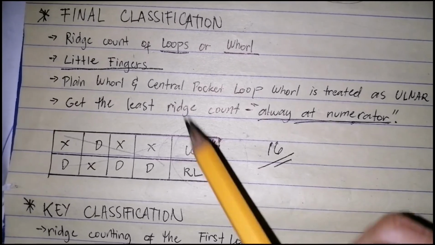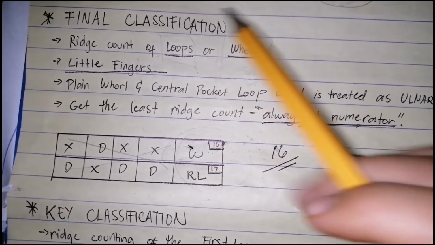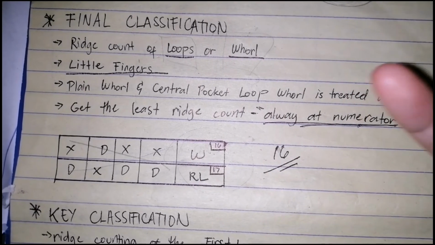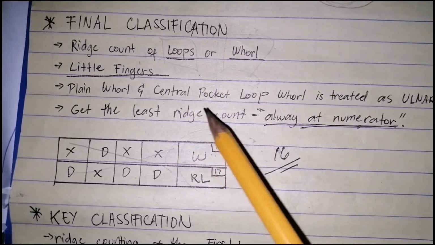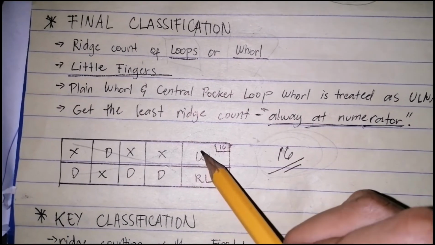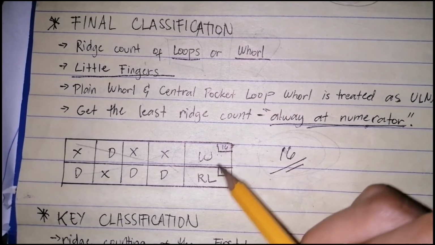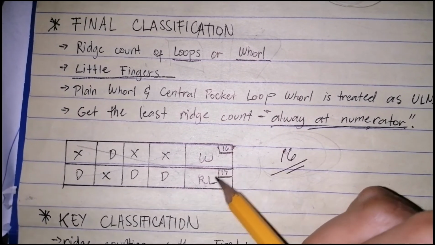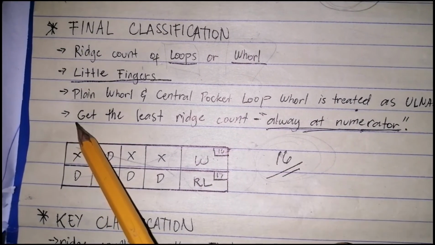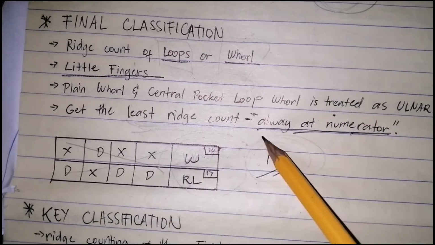It only focuses on the loop and whirl. If you can't find a loop or whirl in the little finger, you will not put any number in the numerator. So we have a whirl, which consists of 16 ridge count, and a radial loop that consists of 17 ridge count. In the final classification, the least ridge count is always the numerator.